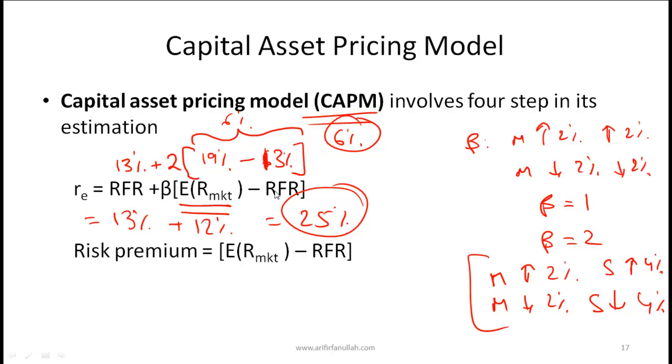By taking the additional risk of investing in the stock market, investors require an additional return of 6%. Okay, in your exam, you might have questions that either give you the expected return of the market and the risk-free rate, or at times you are simply given the risk premium, which in this case is 6%. So read the words very carefully.